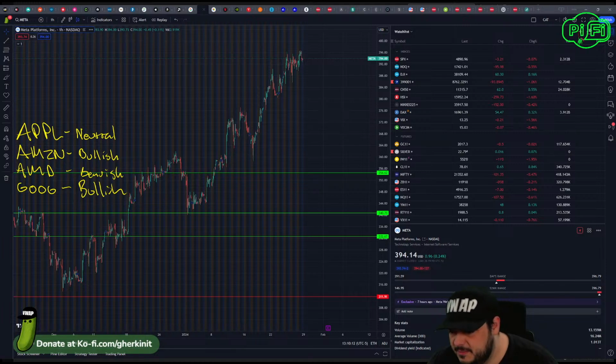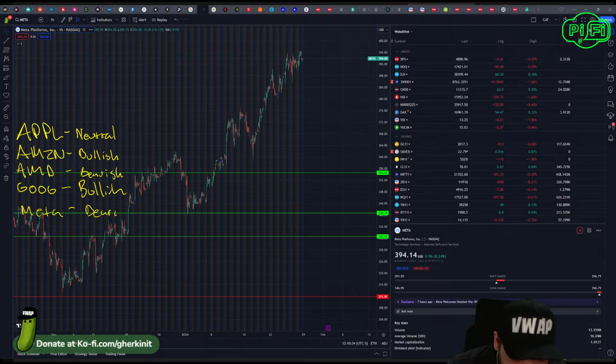What day is Meta's later in this week? Yeah, so this one looks kind of bearish, outside of the positive gamma, but I wouldn't play puts on it.